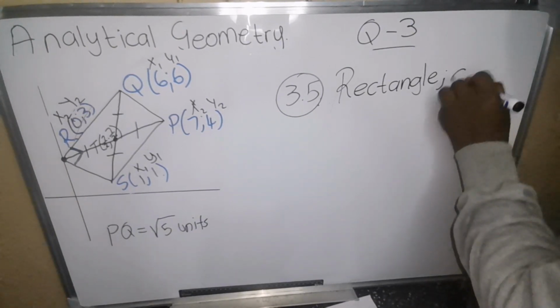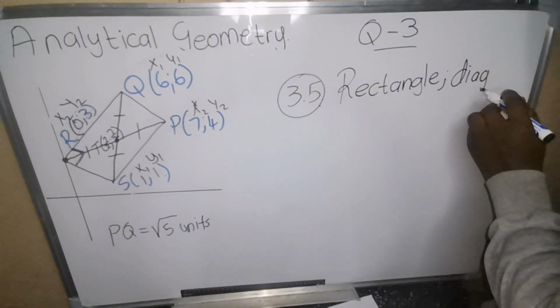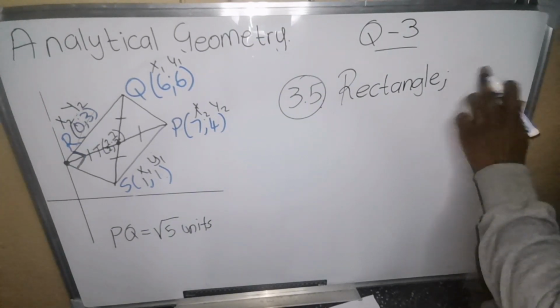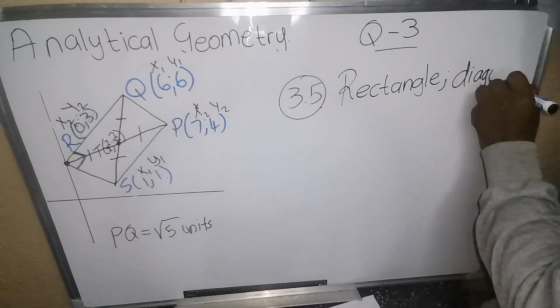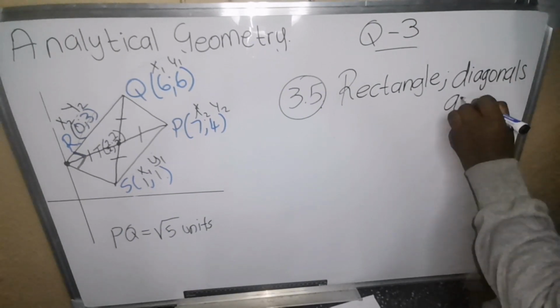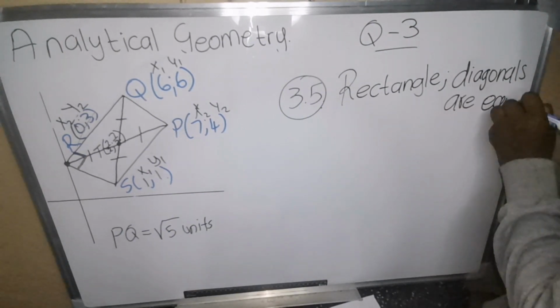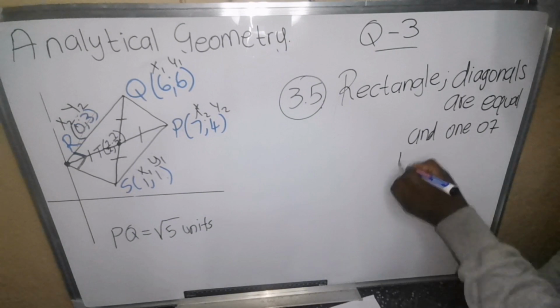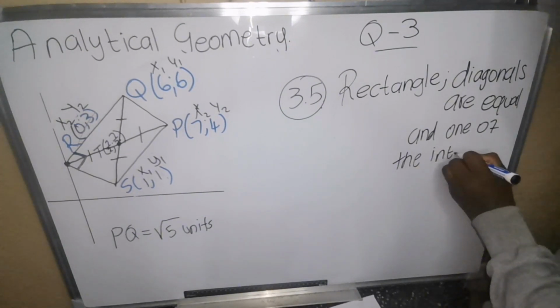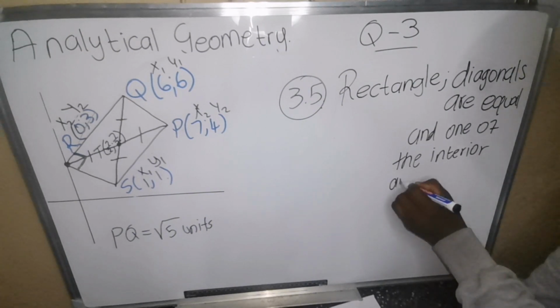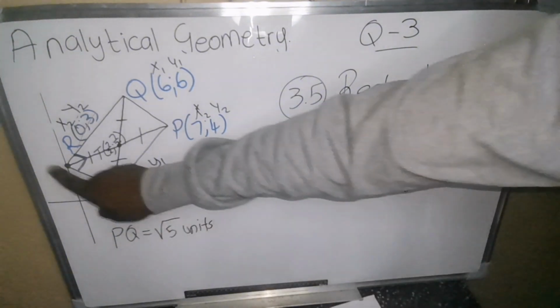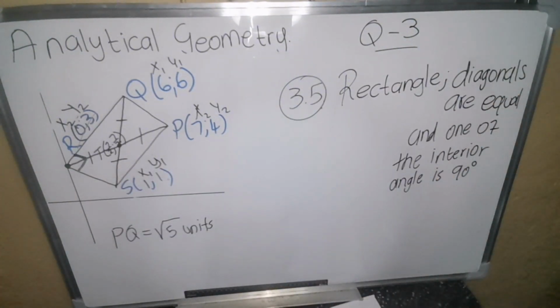Means the diagonals are equal, and one of the interior angles is 90 degrees. You just prove which is the 90 degree angle and that the diagonals are equal. That's what we must prove there. I hope the answer is clear.